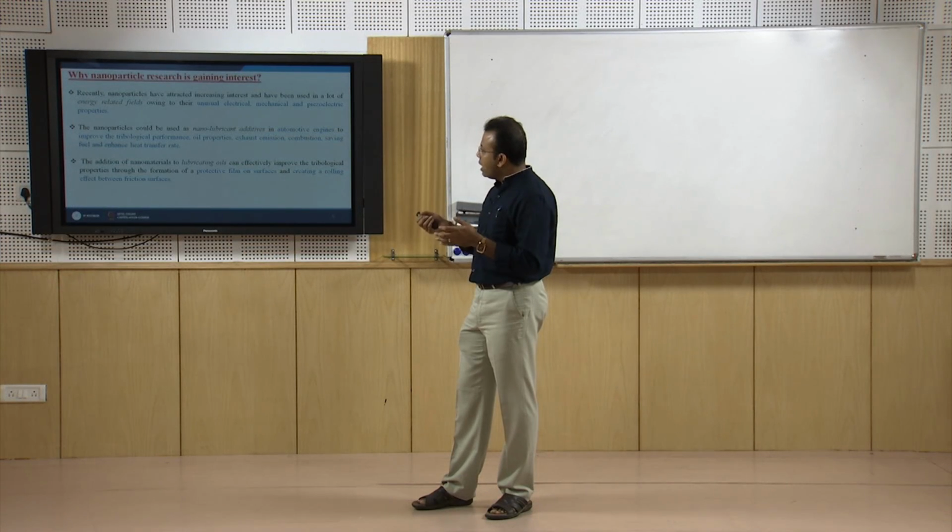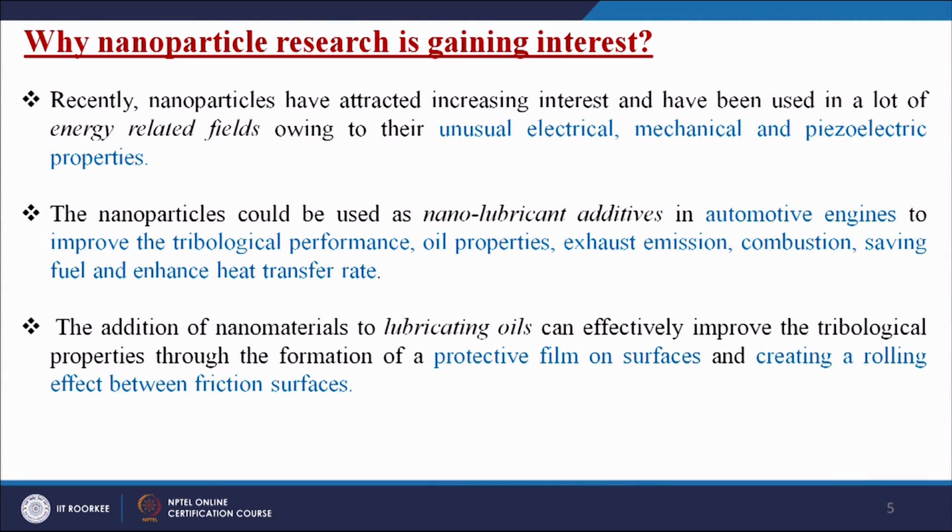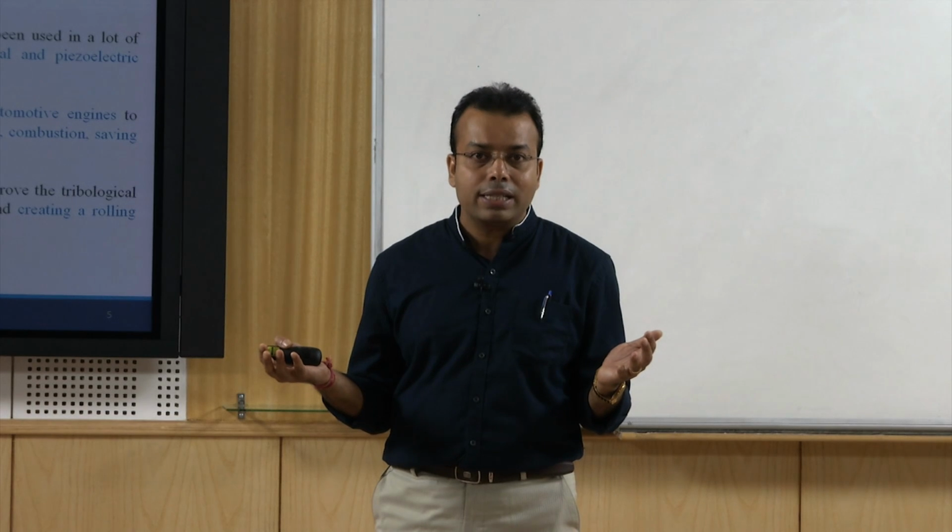Now we will discuss why nanoparticle research is gaining interest. Till now we have been discussing the macro level, but why? As I already said, nowadays we are trying to do every research at the nano level, because there is a plenty of variety of things available.